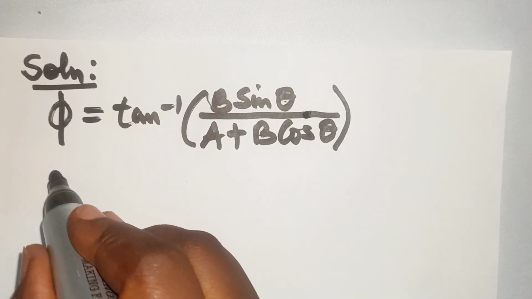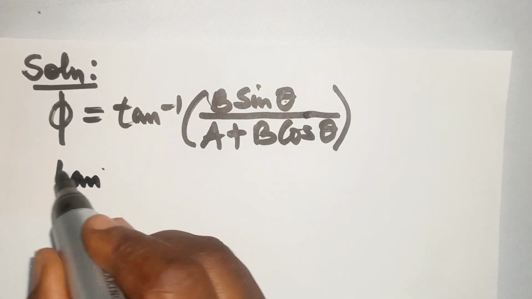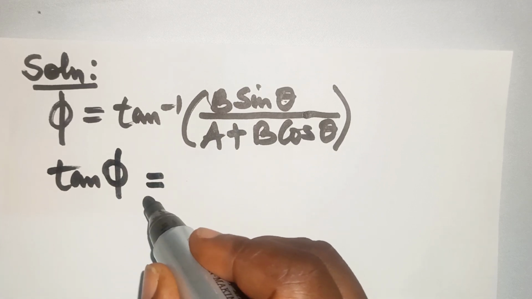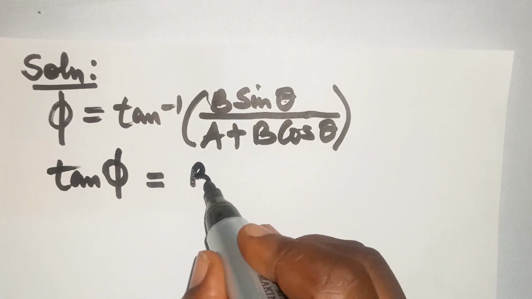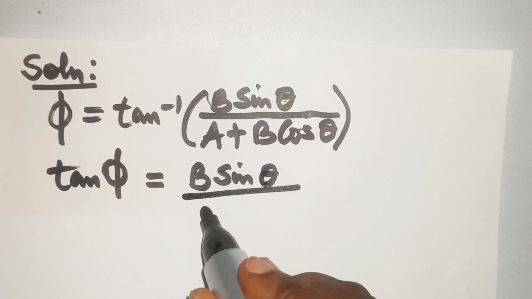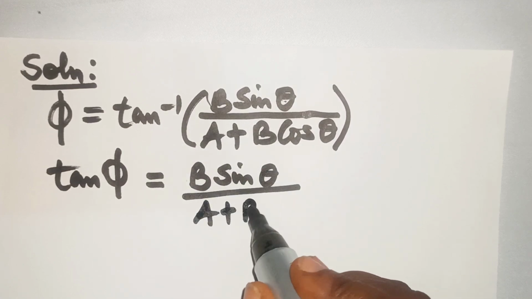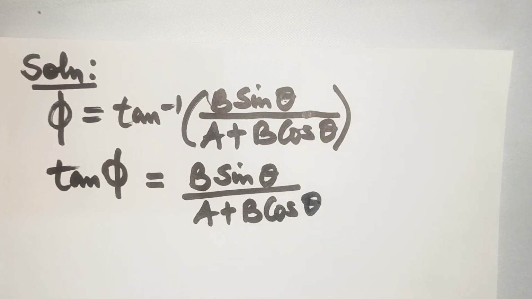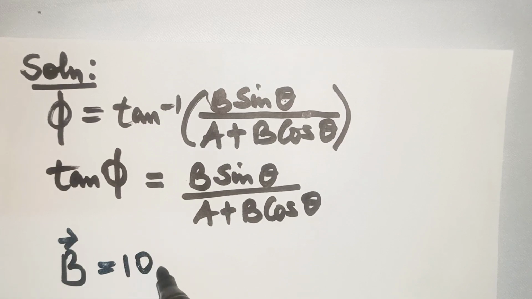So tan phi will be equal to B sine theta over A plus B cos theta. Here we already have the magnitude of vector B as 10 units.